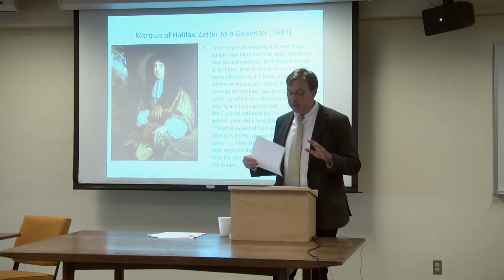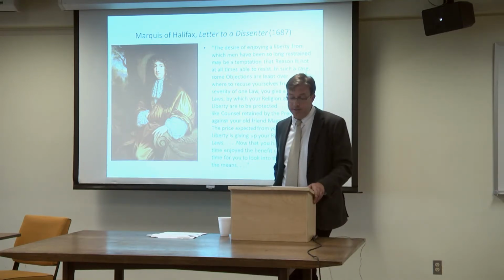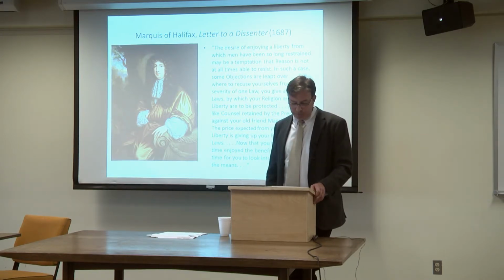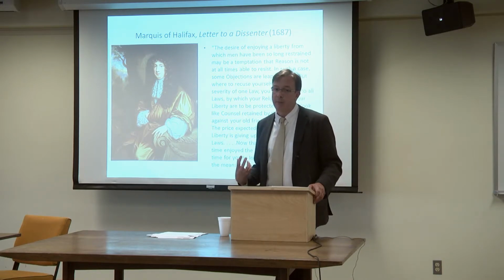So I'm attempting, not in this talk, but in the broader book, to contextualize Locke's evolutions in this respect, and to, in some sense, ask the question where it is that our notion of individual rights come from, in some sense.